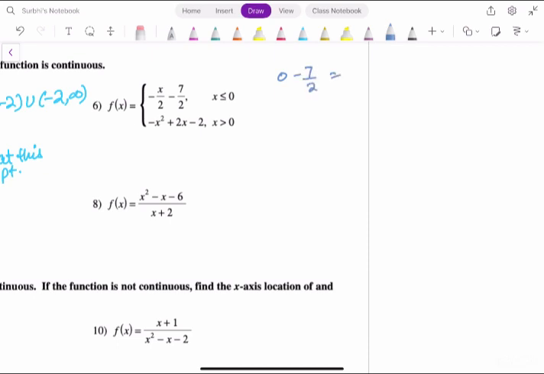Direct substitution in the first function gives 0 minus 7 half, which is negative 7 half. If you apply direct substitution in the second function, you will get negative 2. We can say both values are not equal to each other, so there is a jump discontinuity at x is equal to 0.